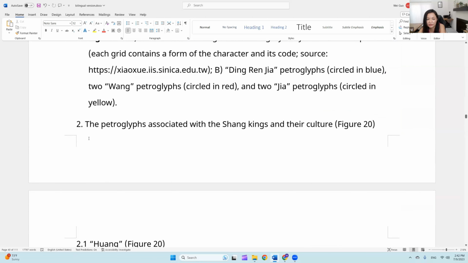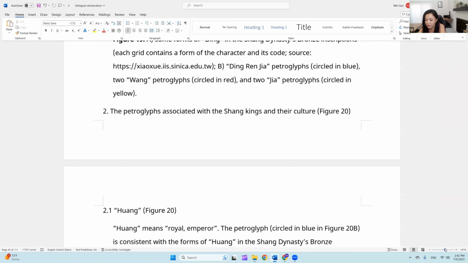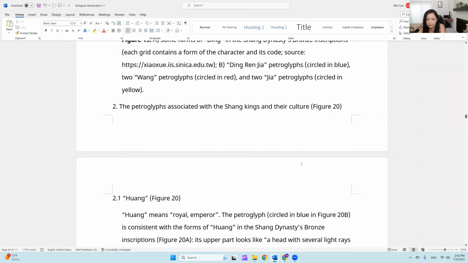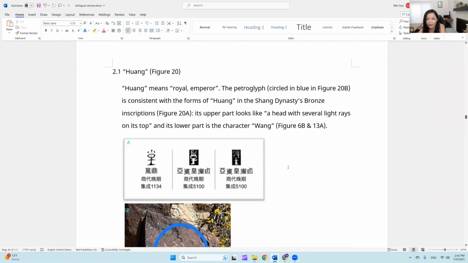Let's look at the second type, the petroglyphs associated with Sun Kings and their culture. Let's look at Huang. Huang means royal, emperor. So the petroglyph is consistent with the forms of Huang in the Shang Dynasty's bronze inscriptions.